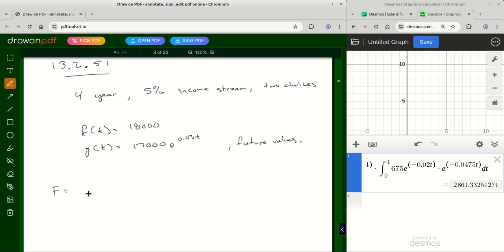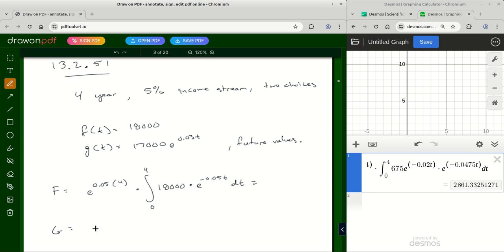It's not hard. We got e^0.05 from the 5%, and we're going to multiply it by the 4 for the 4 years. And that's in the front, integral 0 to 4 of, and then I'm going to put this 18,000 in there. And multiply it by e to the negative 0.05, again from 5%, t dt, and we're going to get a number. My g is going to be the other guy.